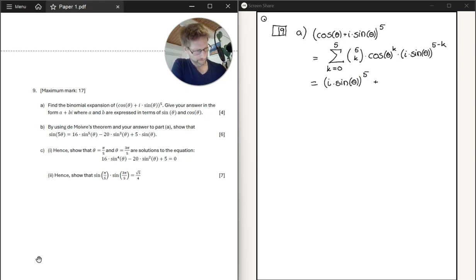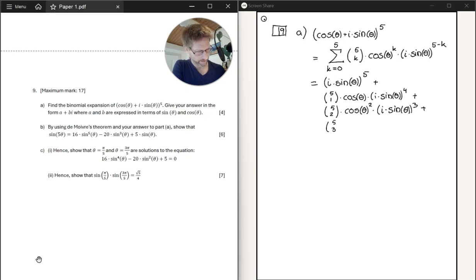Then comes 5 choose 1 times cosine of theta to the power 1 times I sine of theta to the 4. Then we get 5 choose 2 cosine theta squared plus I sine of theta cubed, and it just keeps going.